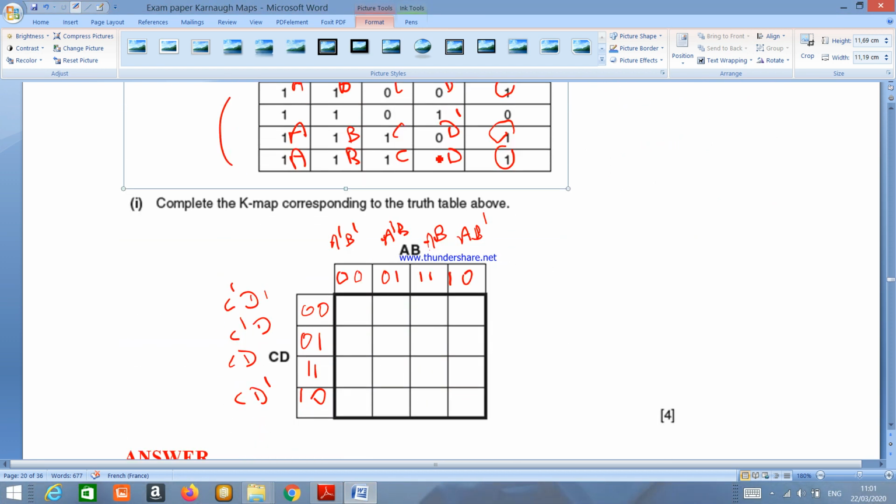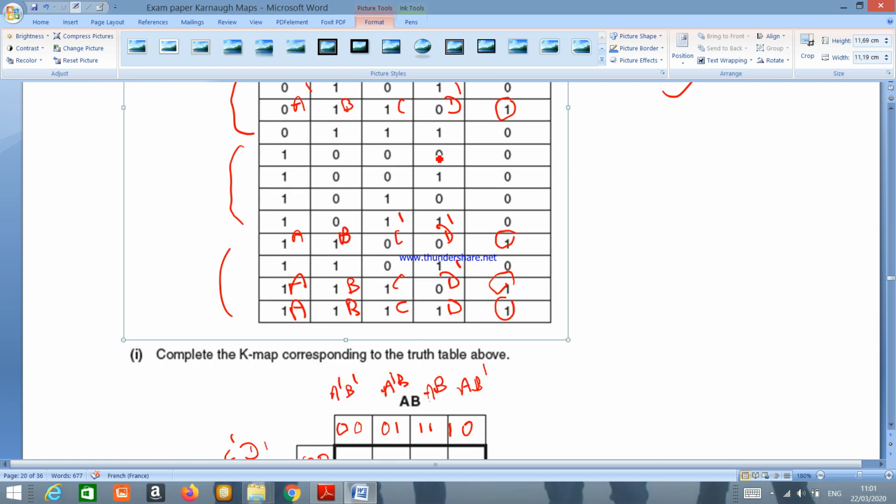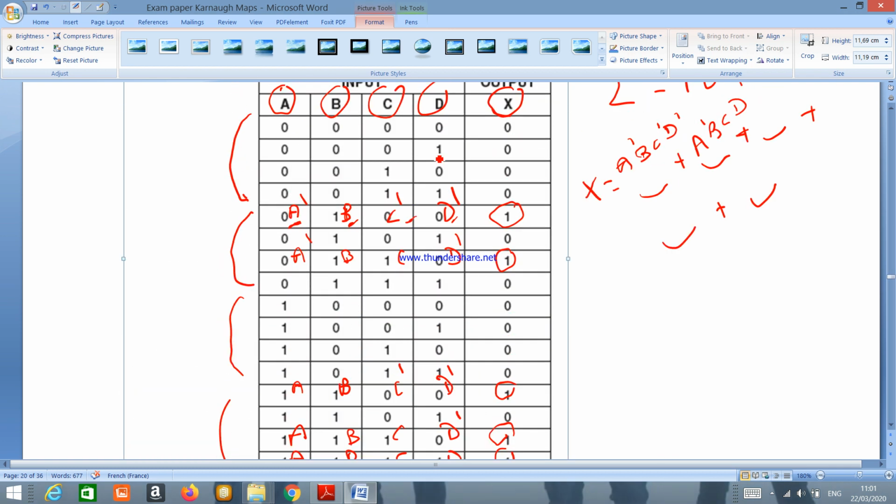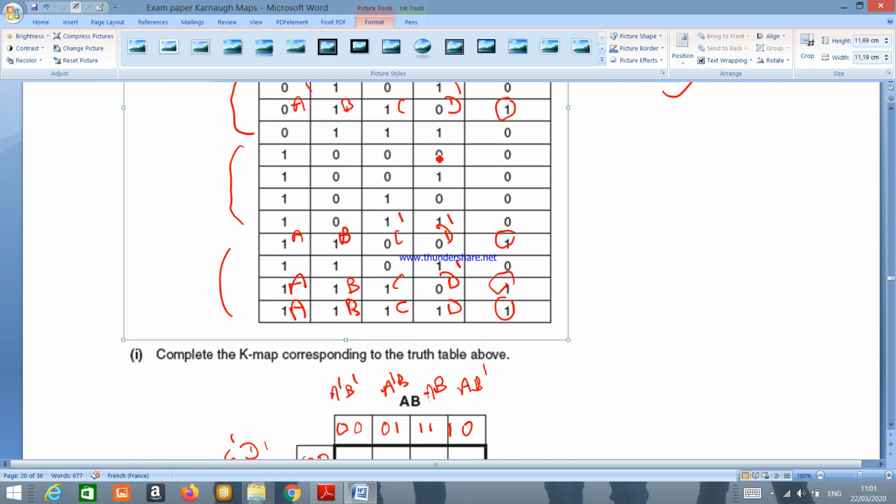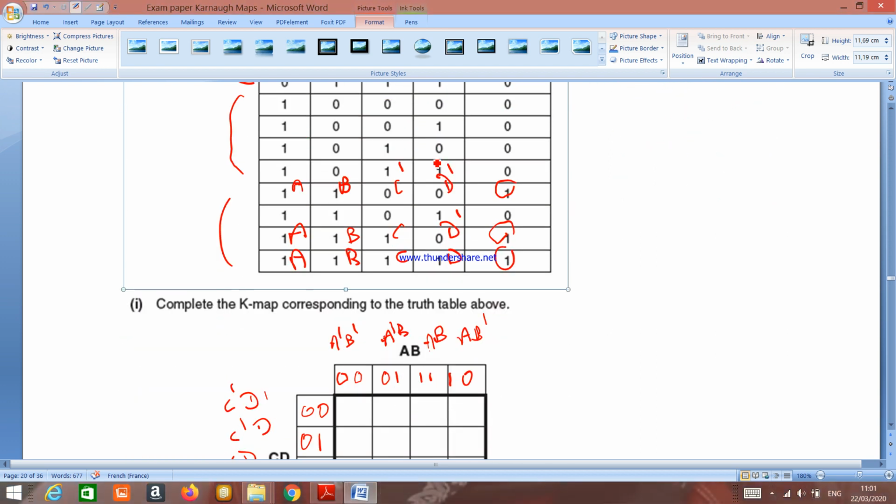So the first one is A0, B1 and CD00. A0, B is 1, and CD 0, 0, it comes to 1 here. So this is our first term.